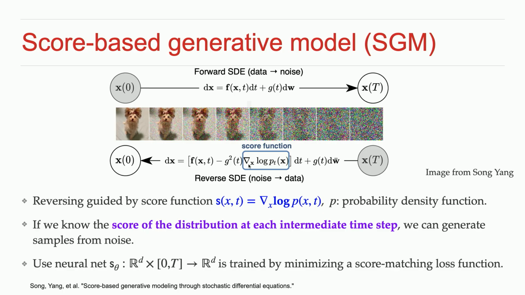The idea behind score-based generative models is, if we are able to approximate the score function at each time step for any arbitrary feature x, then we can just sample from random noise. That is, we can pick a noise and then run this reverse SDE process with these known score functions.